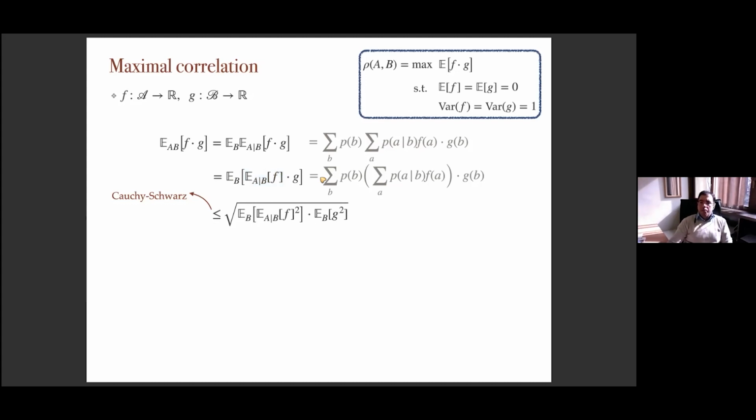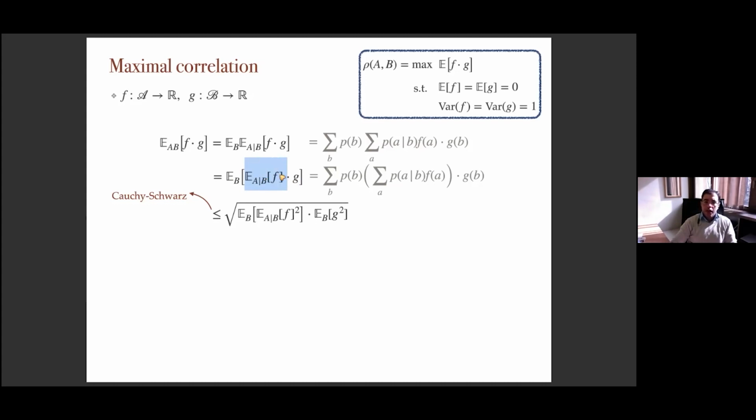And now I can apply the Cauchy-Schwarz inequality. Here I have a function of B. Remember what I do here. I fix a value for B. It induces some conditional distribution on A, and then I take the average of f with respect to that conditional distribution.